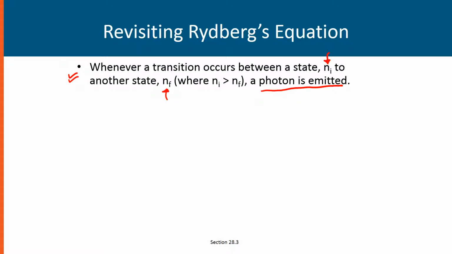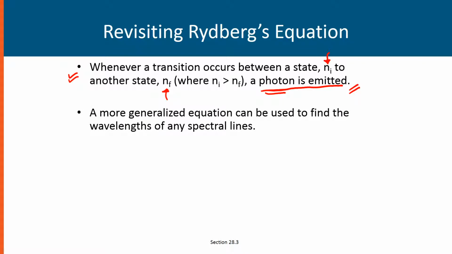And the energy of this photon is equal to the amount of energy that the electron absorbed in order for it to jump from a lower energy level to a higher energy level. So once again, in order for it to go back to a lower energy level, it has to emit the energy that it has absorbed in the form of a photon.